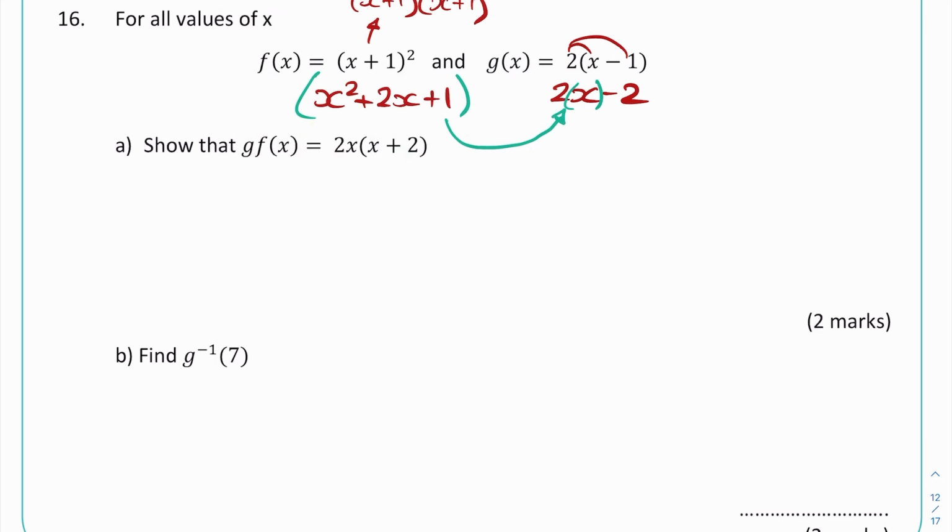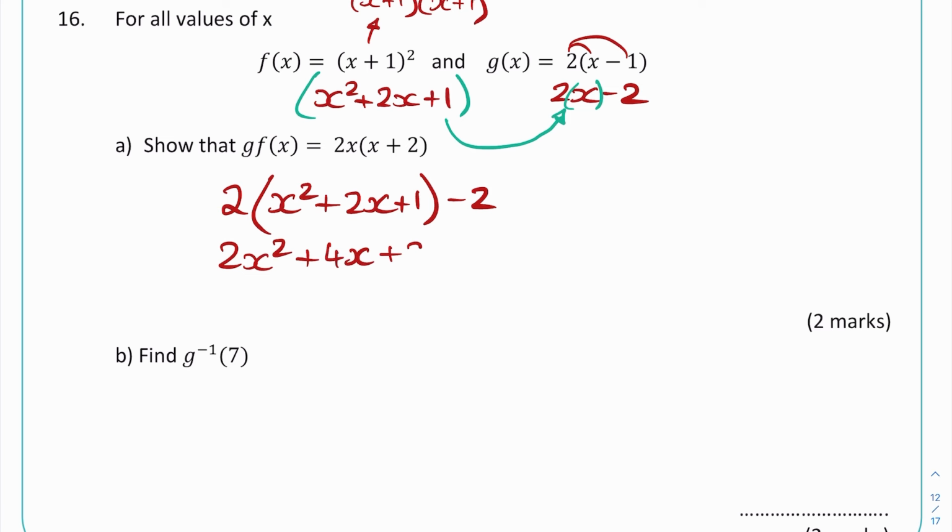If we do that, we get two lots of x squared plus 2x plus 1, and then take away 2. And if we tidy this up, you get 2x squared plus 4x plus 2, and then minus 2.